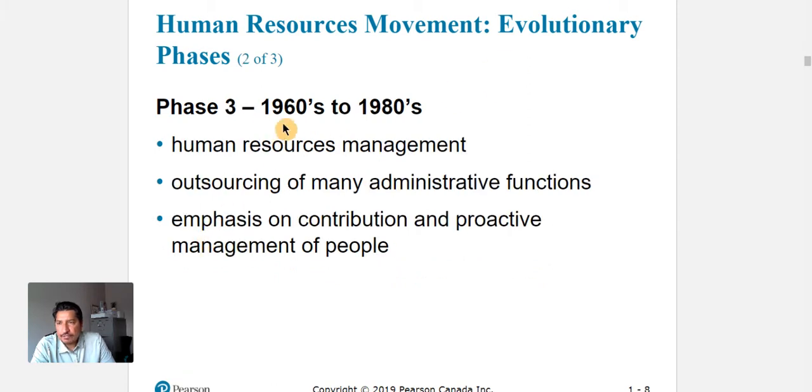Then phase three, 1960 to 1980, is human resources management. The new word was introduced, outsourcing of many administrative functions, like hiring other organizations than your own to do the admin jobs. Emphasis on contribution and proactive management of people.